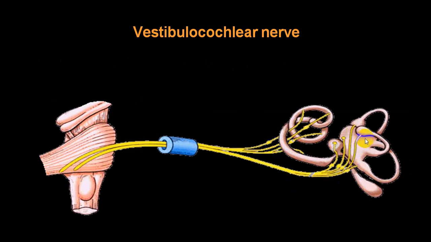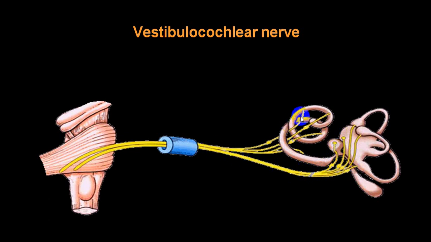These are the three semicircular canals with the utricle parts, while this will be the cochlear portion, and this will be present in the bony portion of the petrous part of the temporal bone, which we call the inner ear. From this, the axonal fibers will be running.